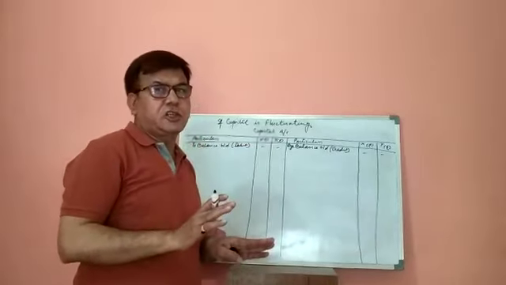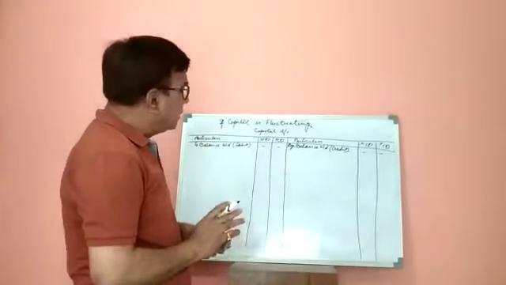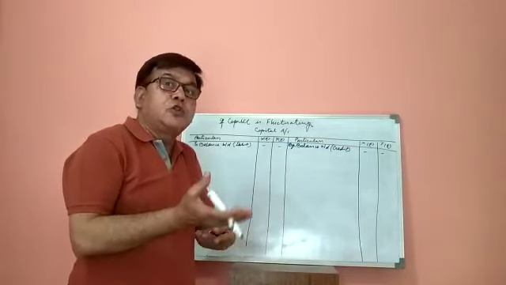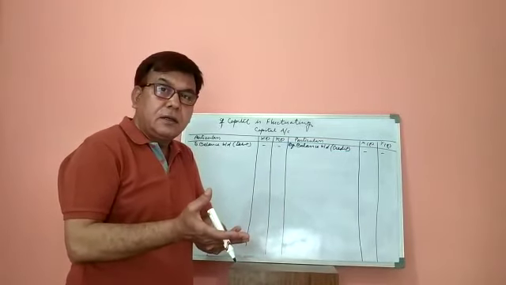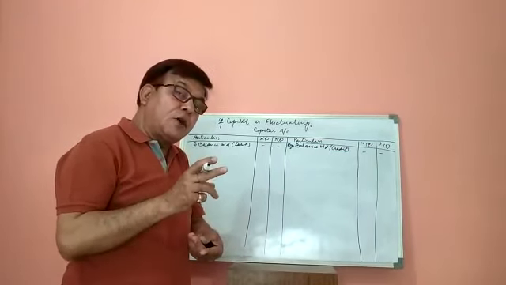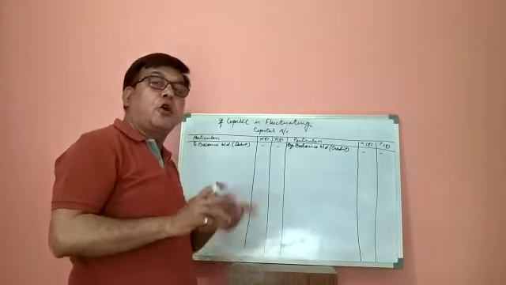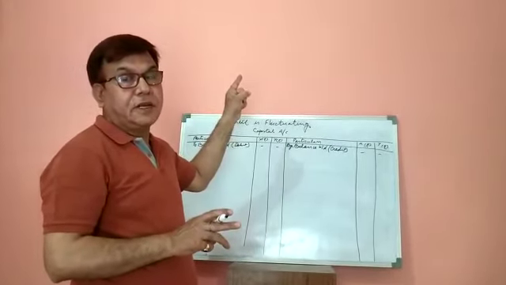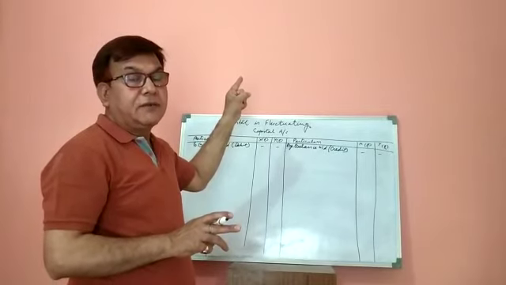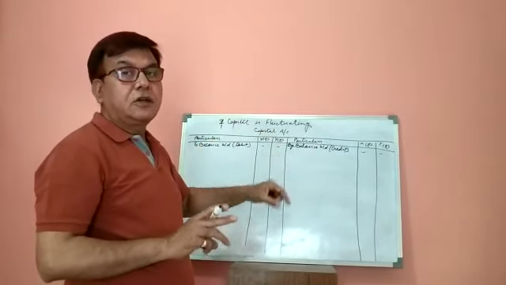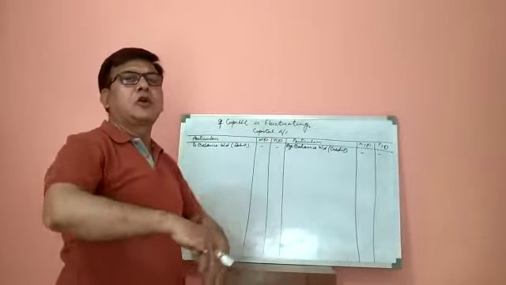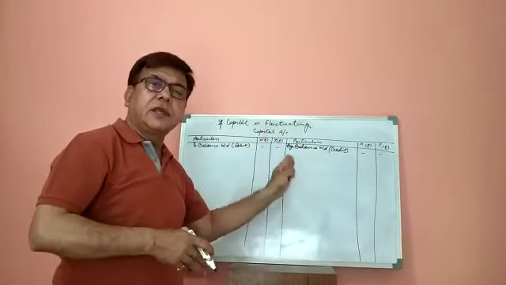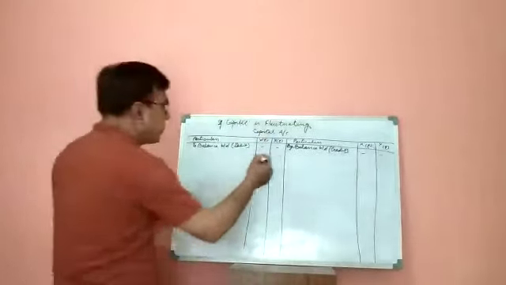It is also possible that a partner may introduce capital during the year. So when capital accounts were fixed, we used to show it only in the fixed capital account, right? Not in the current account. But if the accounts are fluctuating, if he has withdrawn the capital or introduced the capital, everything will come here. See how.